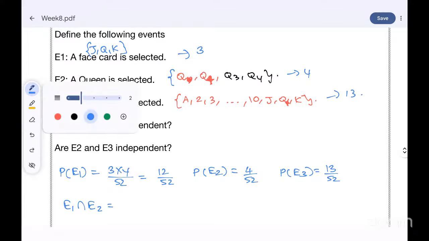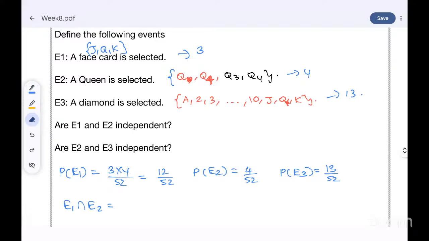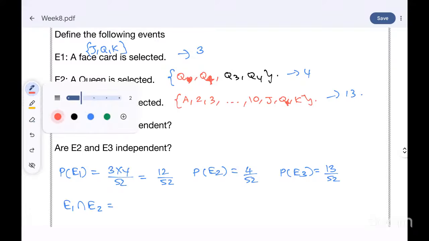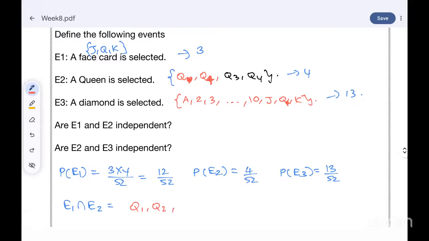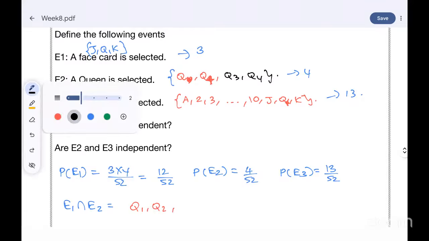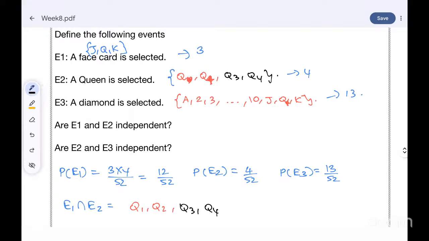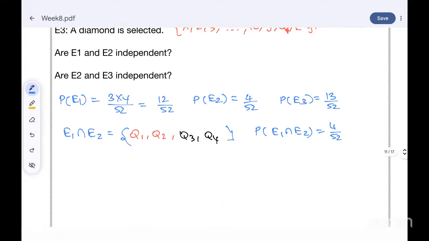So the probability of E1 intersection E2 is 4 by 52. Okay, fine.